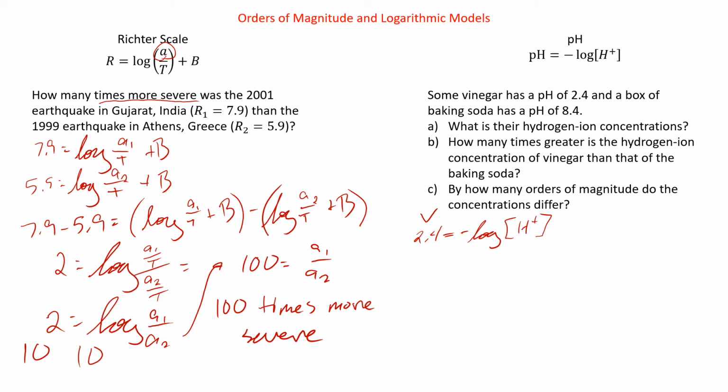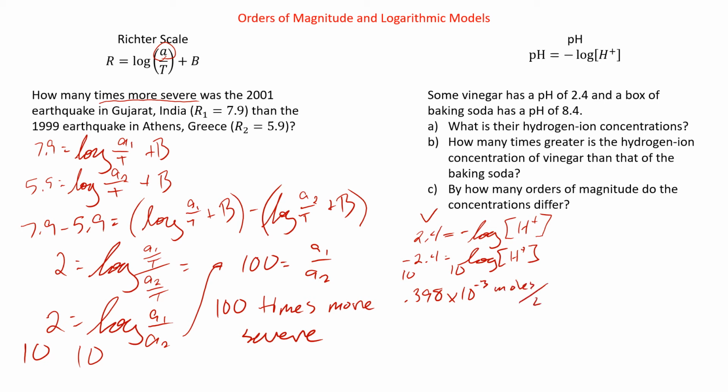We're going to move the negative over, so negative 2.4 equals the log of H plus. Then we can go 10 to the power, 10 to the power, to get 10 to the negative 2.4, which is about 0.398 times 10 to the negative 3 moles per liter.